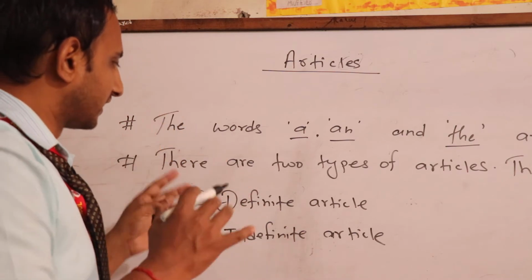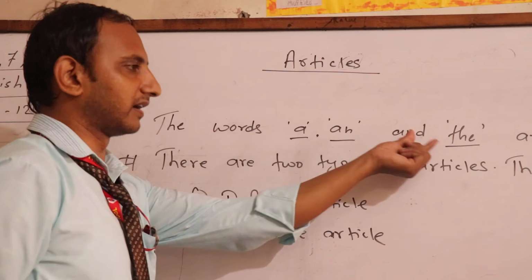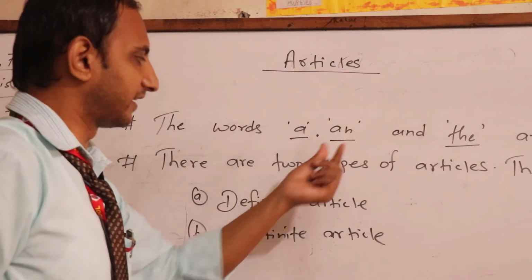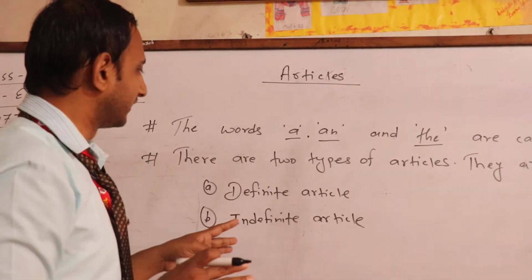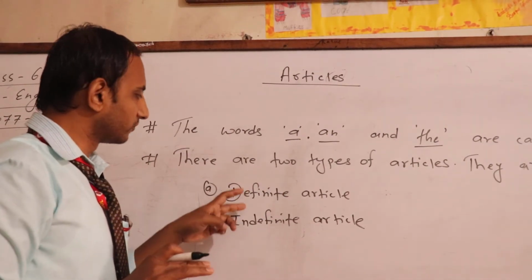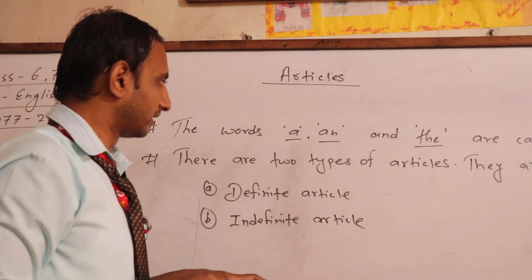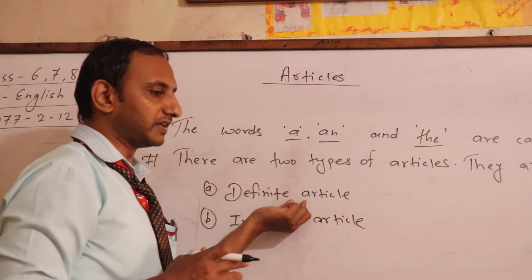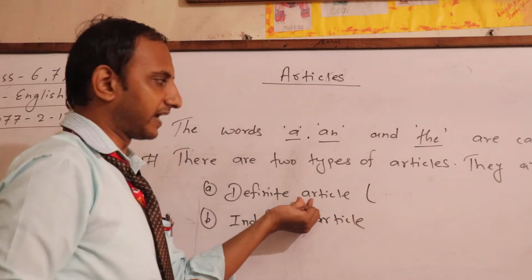So generally there are three articles. We know that a, an and the. How many? Three articles. Again these three articles are divided into two categories, that is definite article and indefinite article. So what comes under definite article? Let's see.